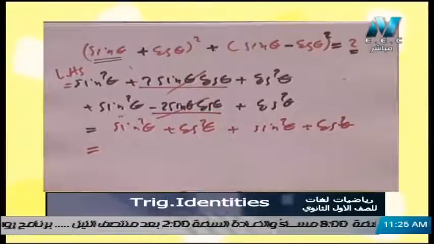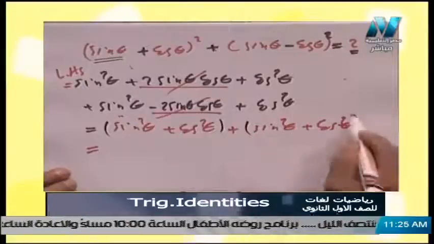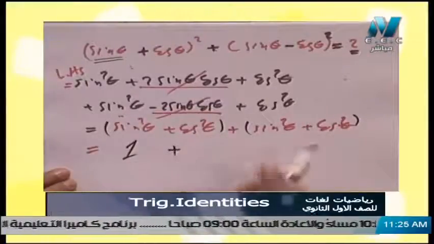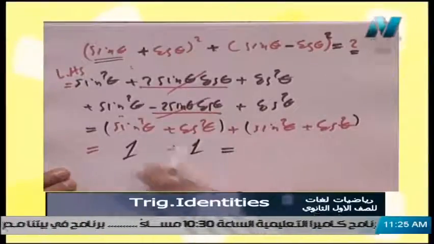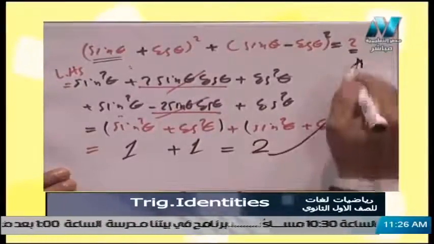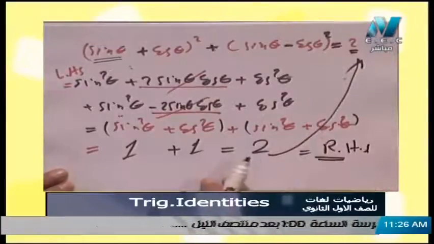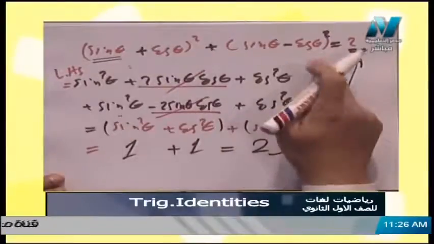Yes, I am hearing you, my dear students and the intelligent ones. Sine power 2 theta plus cosine power 2 theta equals 1, and this sine power 2 theta plus cosine power 2 theta equals another 1. So the sum equals 2, and this is the right hand side, and we succeeded to prove that this whole left hand side equals 2.